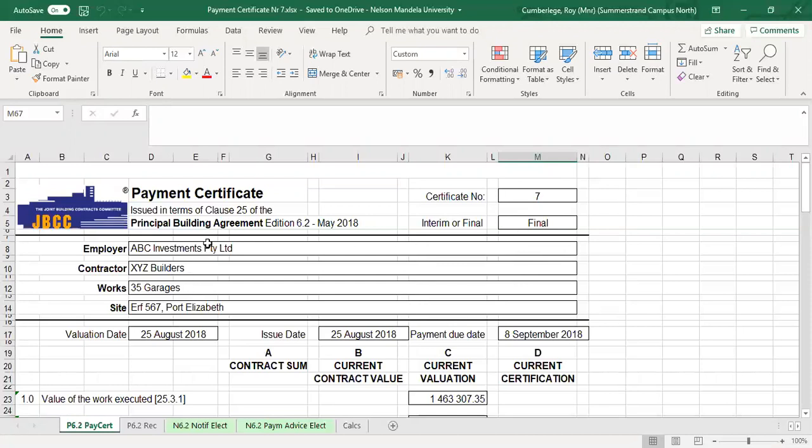All the details are still the same, no change to that. Certificate number 7 was dated on the 25th of August. We also issued the certificate on the same day, and the due date for payment is on the 8th of September. Good.